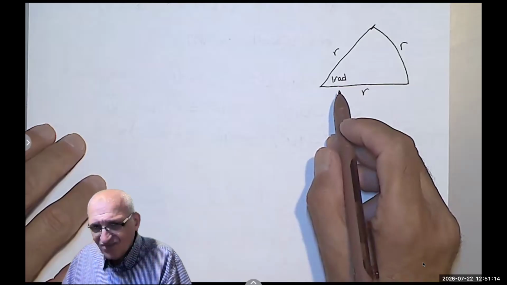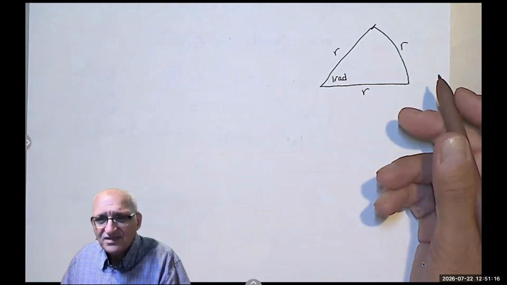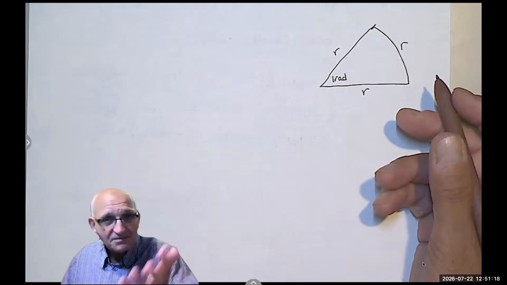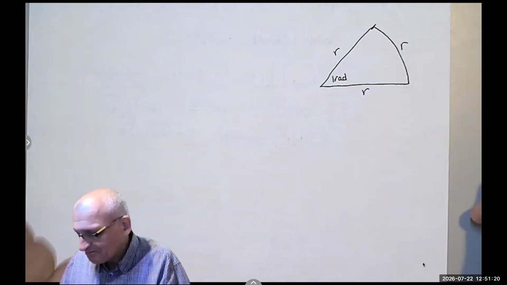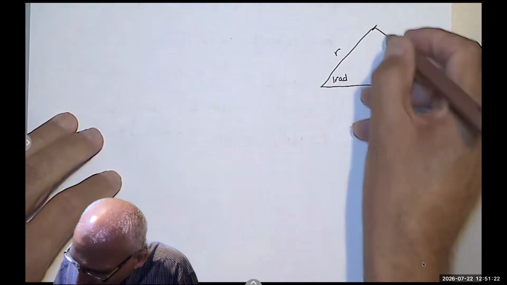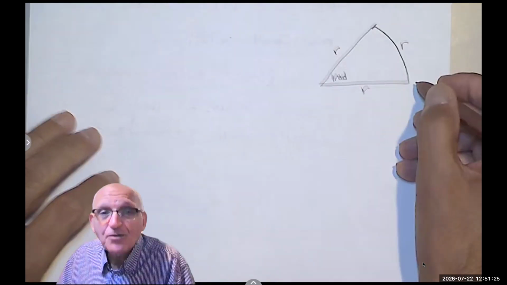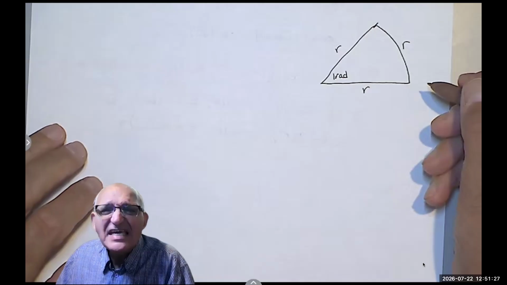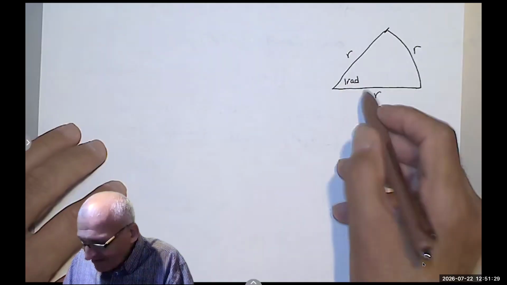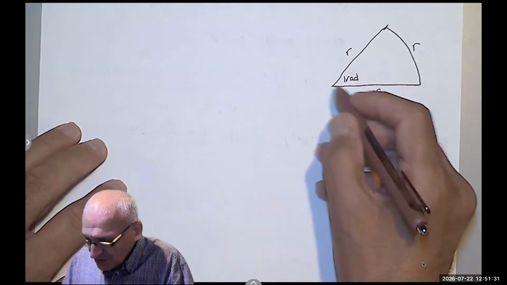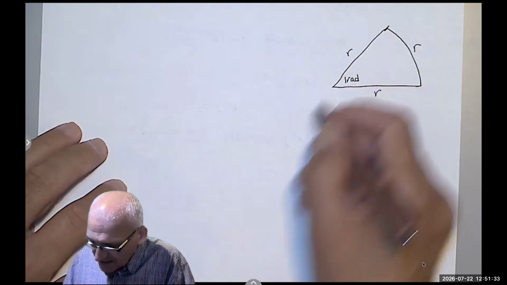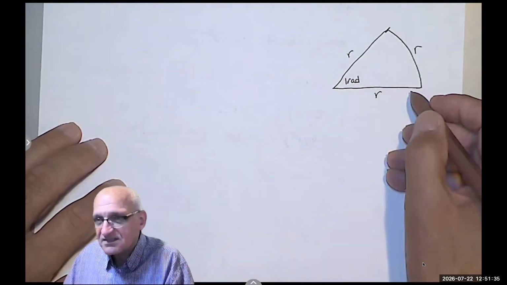But 57 point something, what does that even mean? It doesn't mean anything. It's just a measurement. But if I complete the circle and want to see how many radians I have: this is the second, the third, the fourth, the fifth, the sixth.